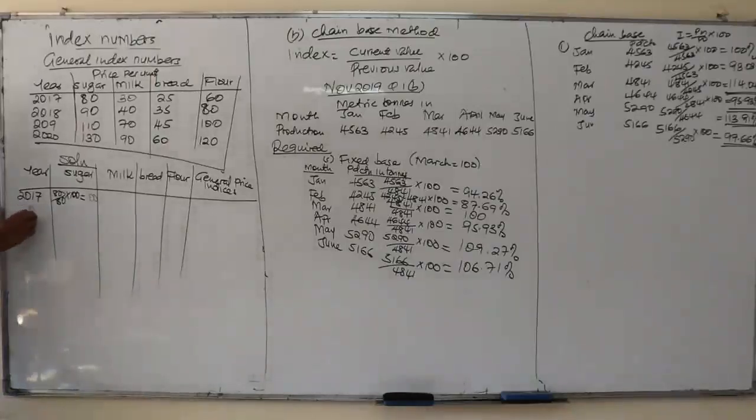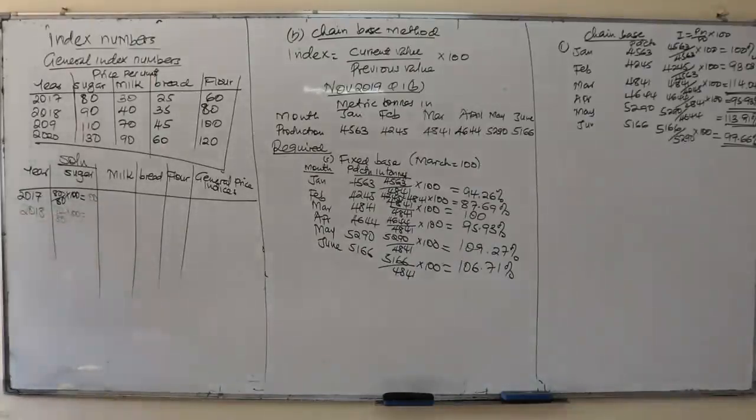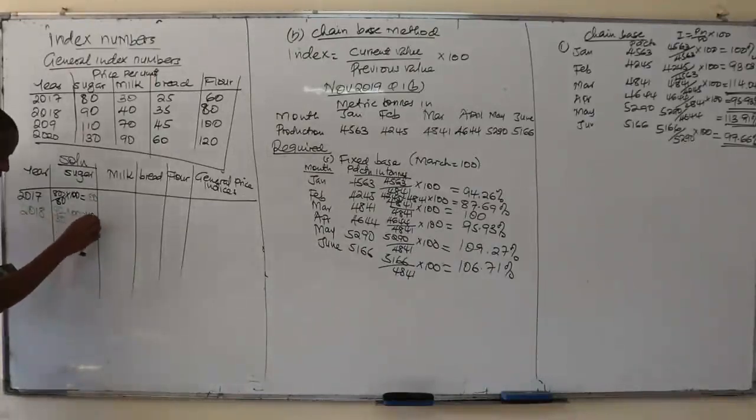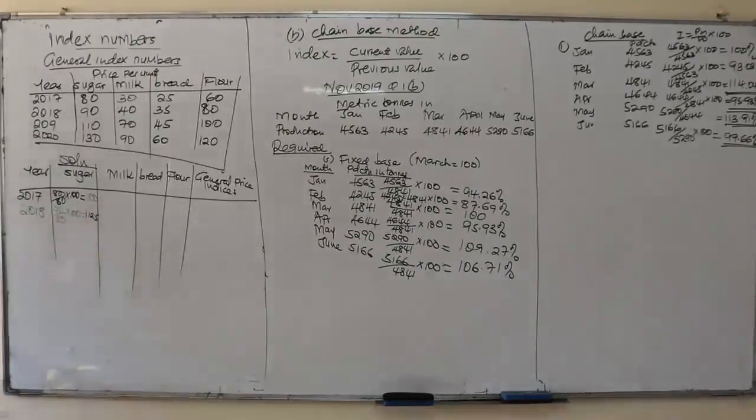Like for 2018, it will be given by 90 over 80 multiplied by 100, which in that case gives you 112.5.